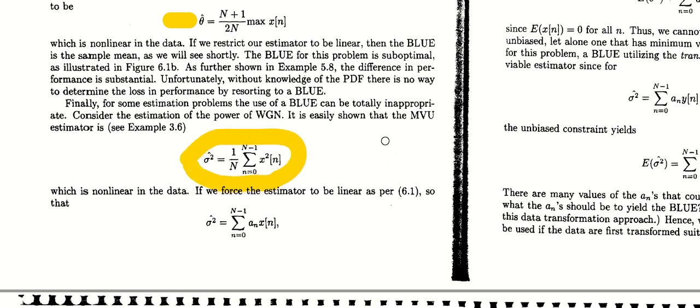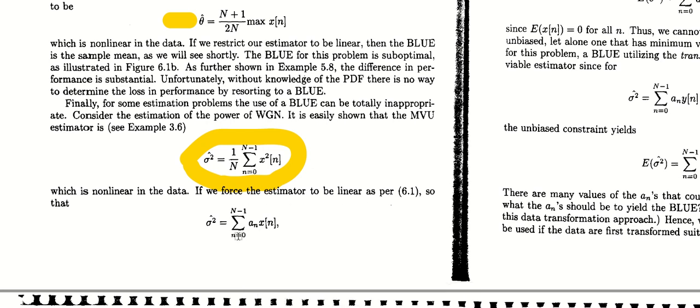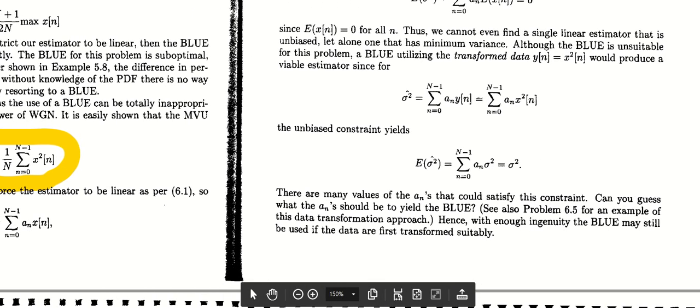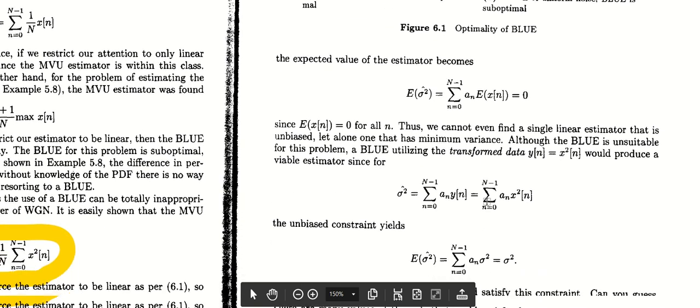We already know it, but if we want to force the estimator to be linear, then it has to be in this form.